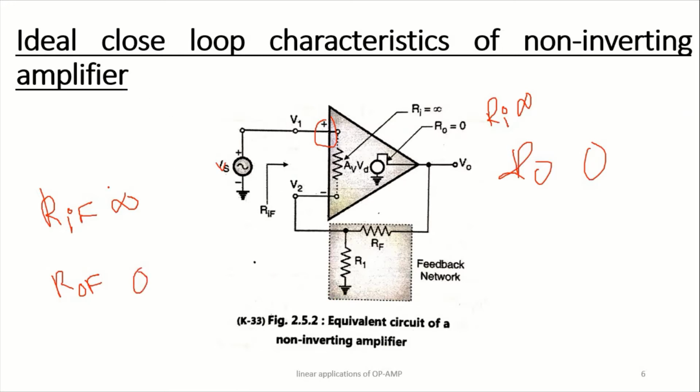For the inverting amplifier, the RIF value is R1, but for the non-inverting amplifier the RIF value is infinite. But in both cases, inverting and non-inverting amplifier, the ROF value is 0.